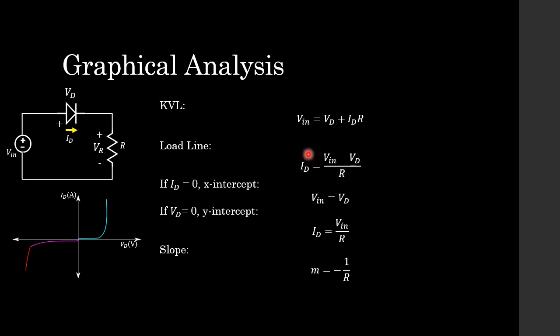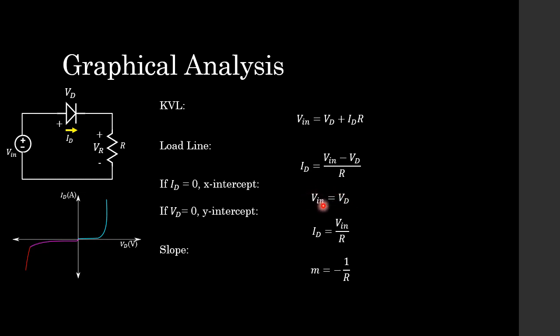And this is a linear graph that we can plot on our diode characteristic curve to help us figure out what our diode current and voltage is. So, in order to determine the x-intercept of this load line, we set our diode current to 0, and that means our input voltage is equal to our diode voltage.